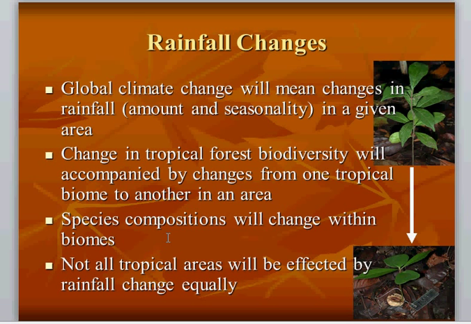Okay? Because we cannot accurately predict how the rainfall changes will occur because of all the complicated abiotic interactions, not all tropical areas will be affected by rainfall change equally.